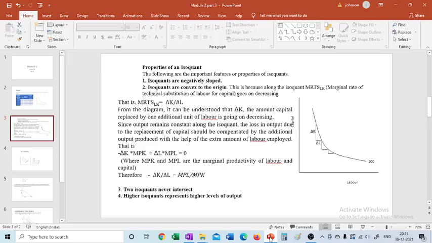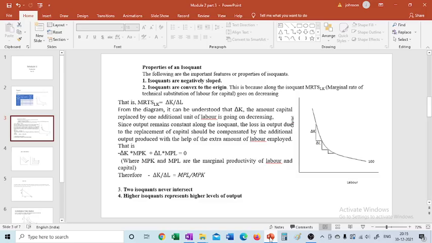So when we increase the quantity of one input, we have to decrease the quantity of the other input. Then only will we get the same level of output. That is why the isoquant is negatively sloped.